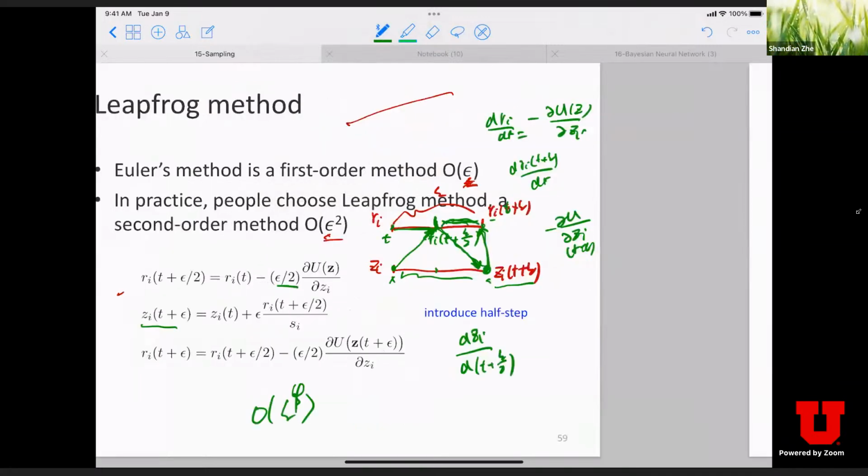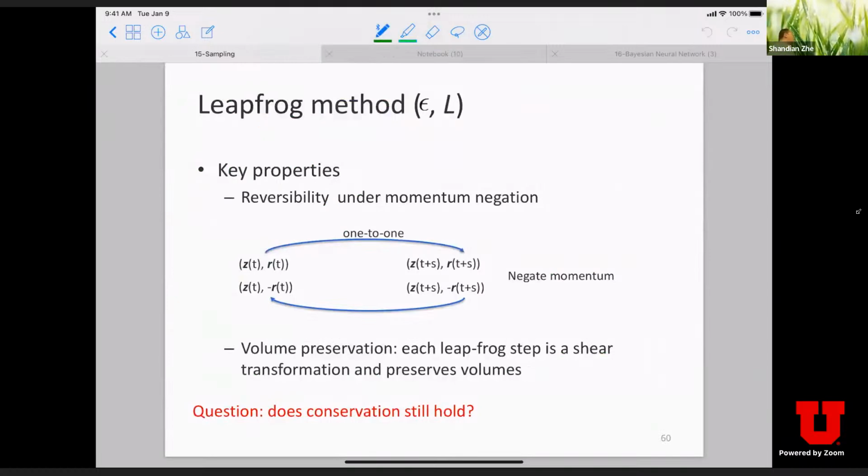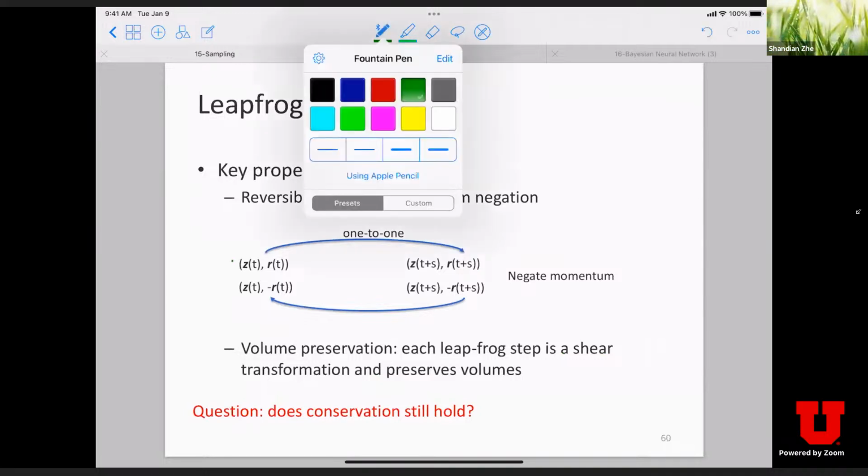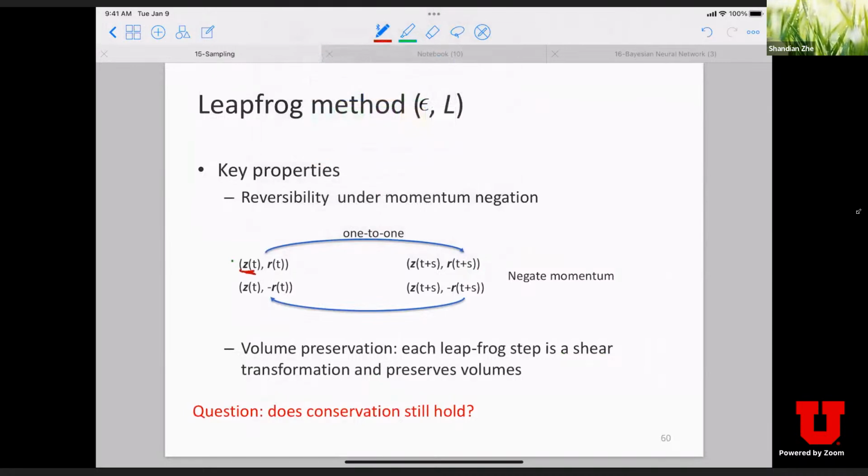Okay, then we can use the leapfrog method to simulate our system, using the same framework we just discussed. We start from state Zt, which corresponds to our Markov chain, the sample at step n. Then you randomly generate some momentum vector Rn and pair it as the initial state of your Hamiltonian system.